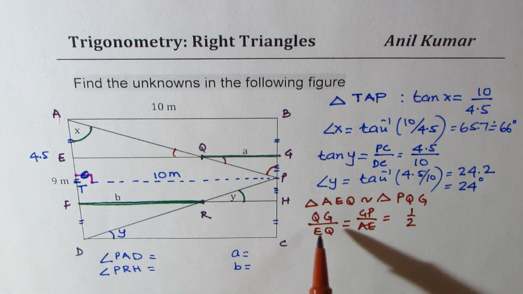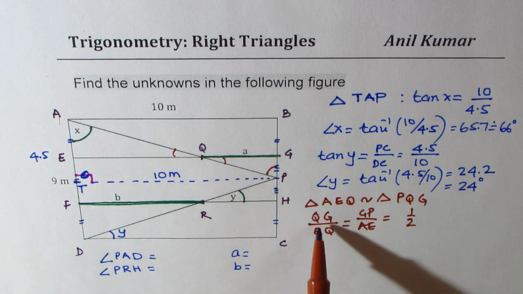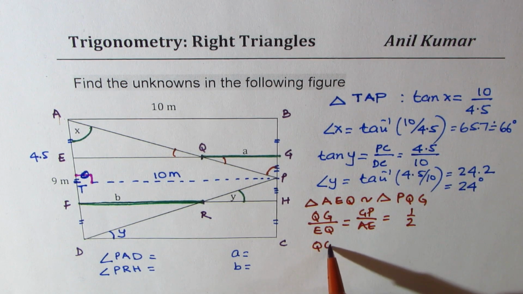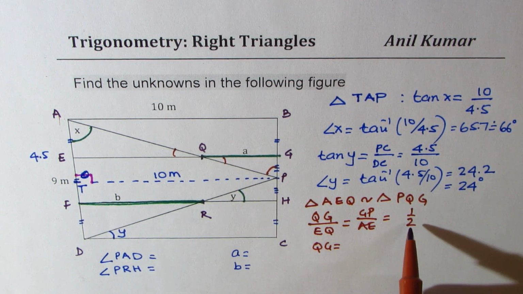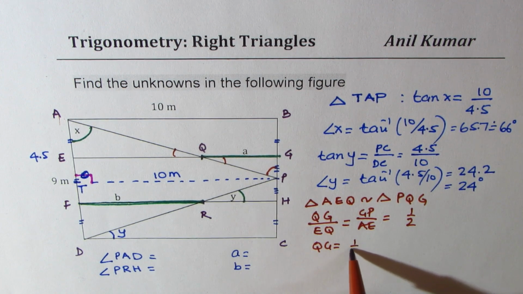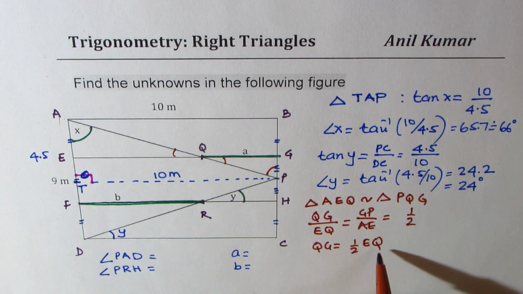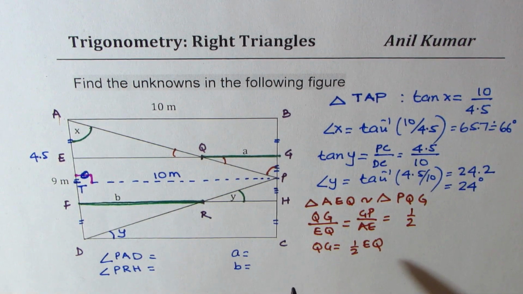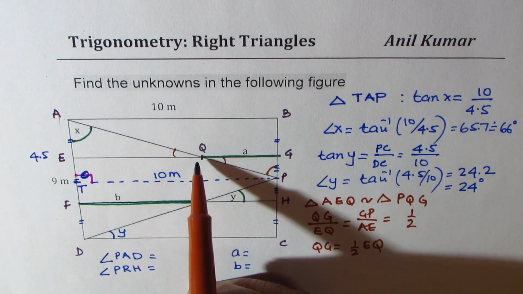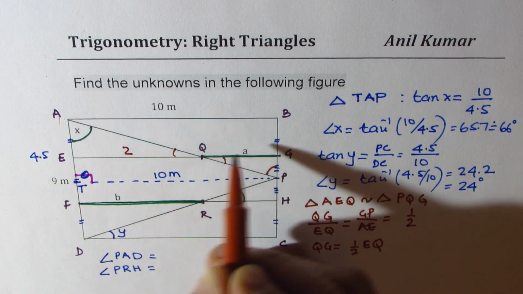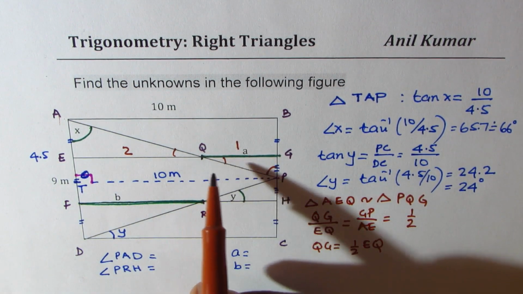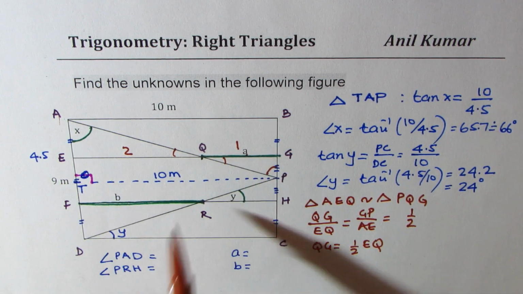So we can write from here that QG is equal to half of EQ, right? So QG is half of EQ. That is to say, the point Q divides this into the ratio of 1:2. So that gives you the lengths A and B.